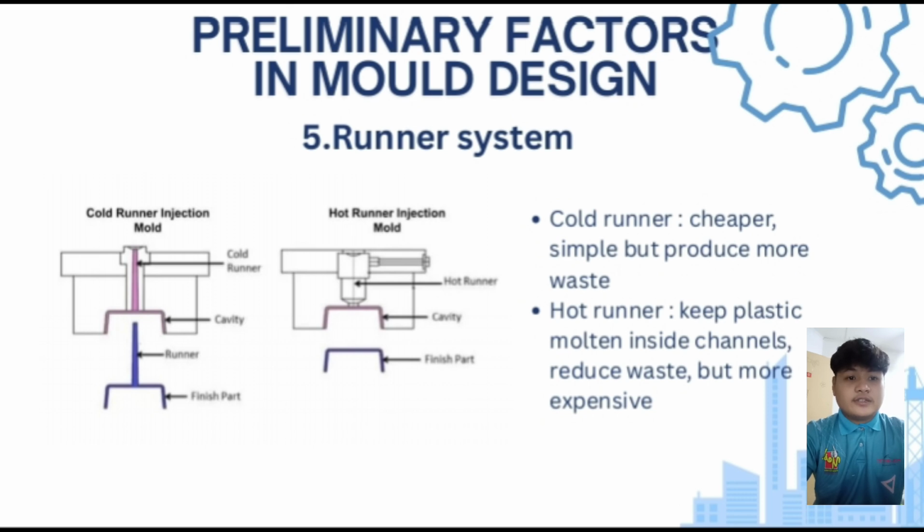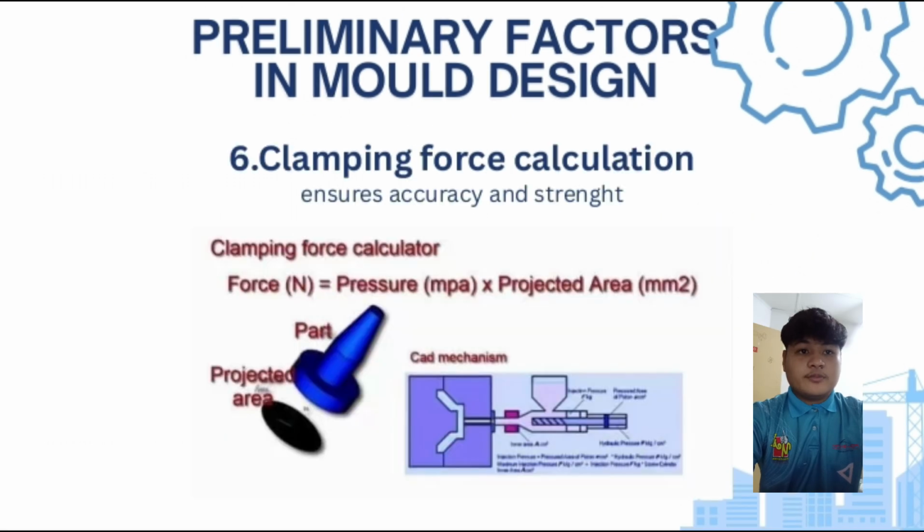Meanwhile hot runner keeps plastic molten inside channel, reduces waste but more expensive. Next, clamping force calculation, ensure accuracy and strength. So this is the formula: force equals pressure times projected area.